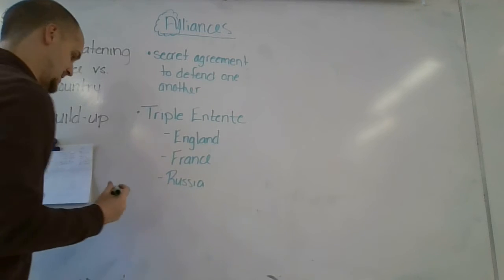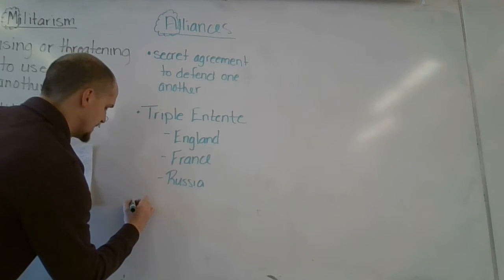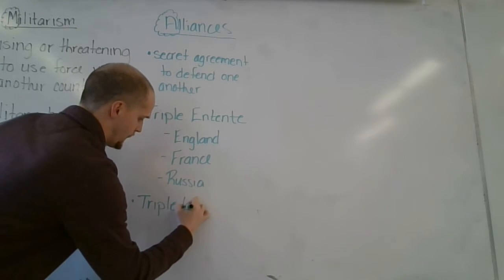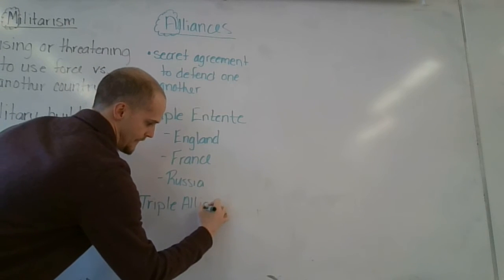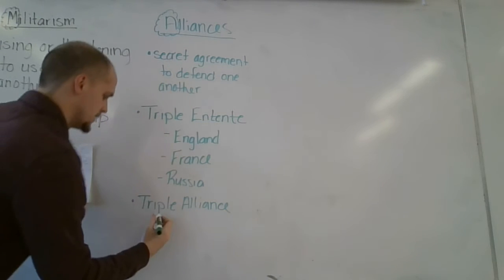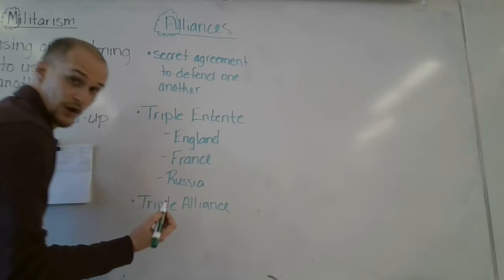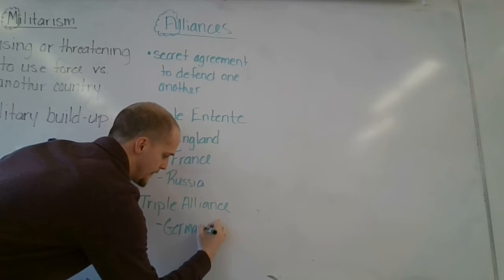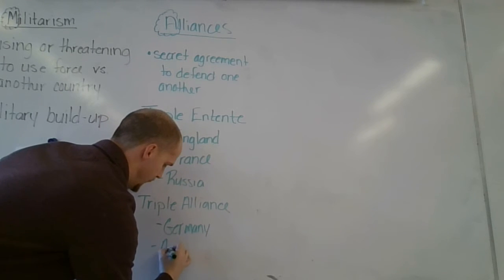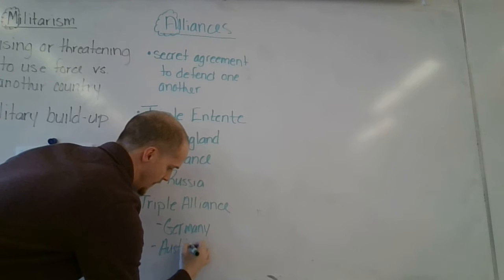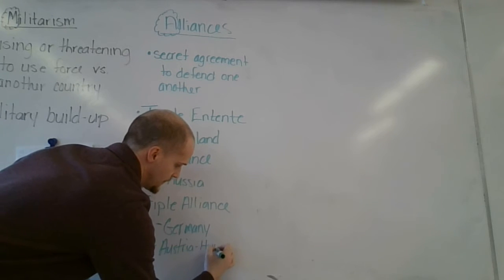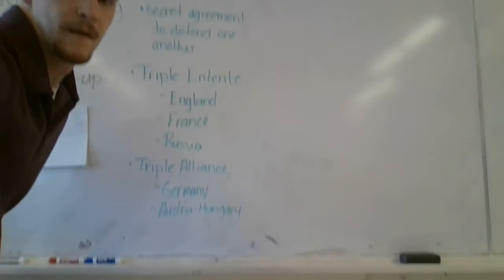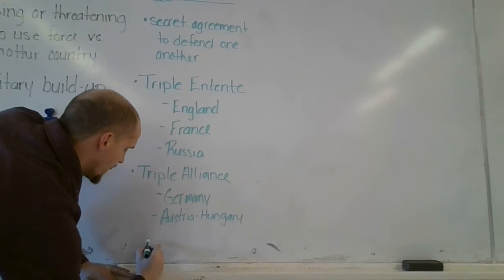The second alliance is called the Triple Alliance, and the Triple Alliance is made up of Germany, Austria-Hungary, and the Ottoman Empire.